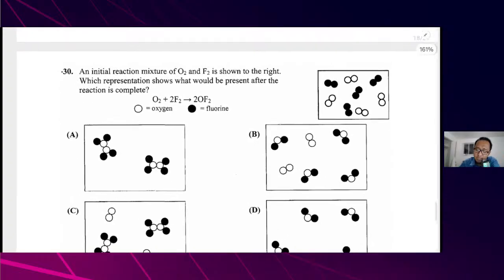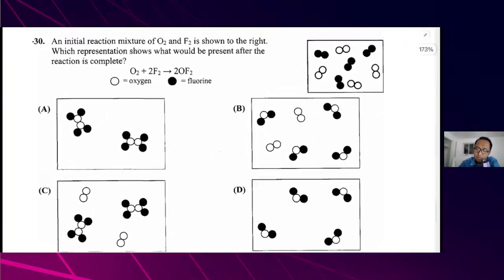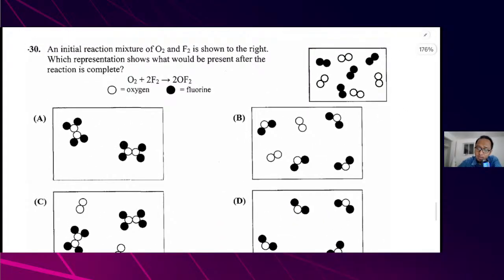Okay, just quick review: which one will be running out first? So assume everything is 1 mole. Okay, everything is one mole over here. Which one might run out first?